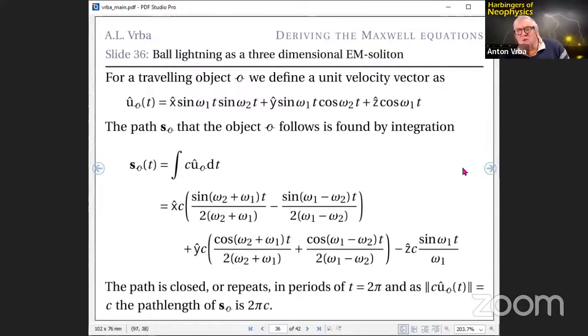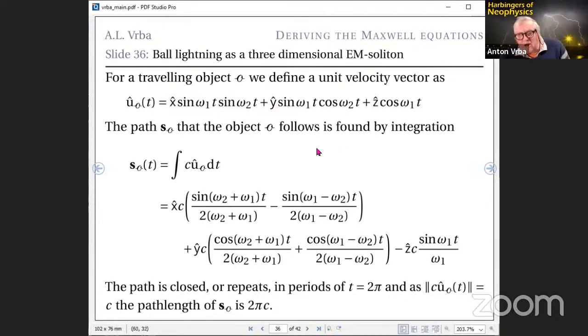If we have a traveling object and we define the unit vectors as x sine omega 1 t sine omega 2 t plus y, etc. These are basically the normal spherical coordinates of a system.